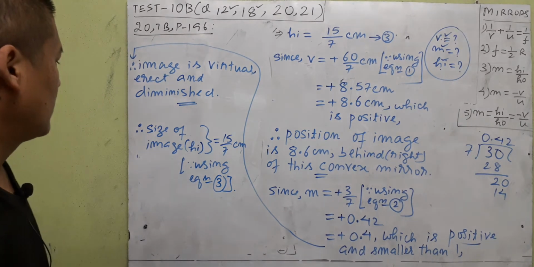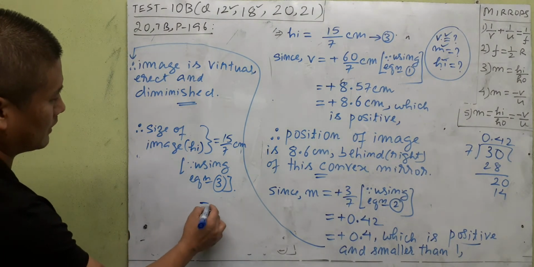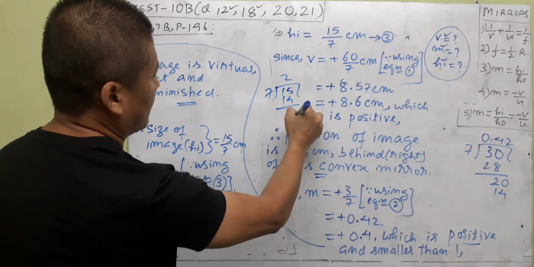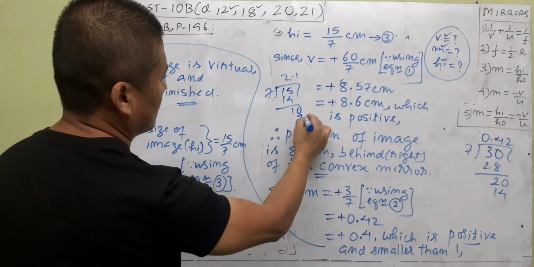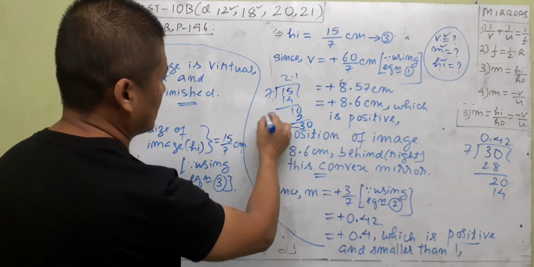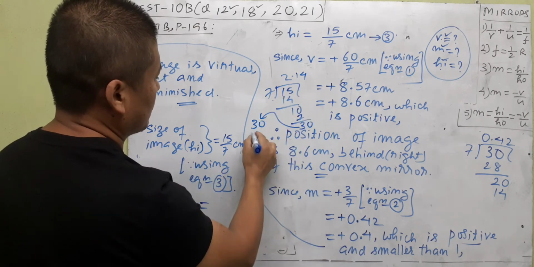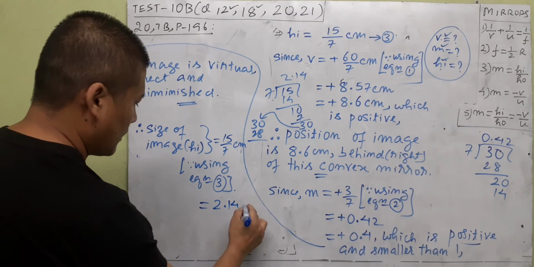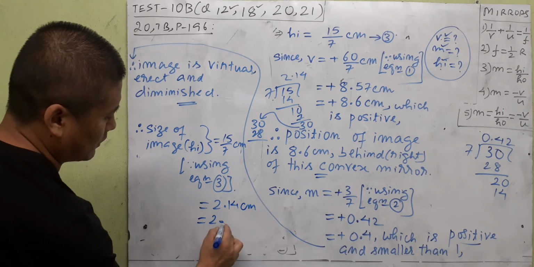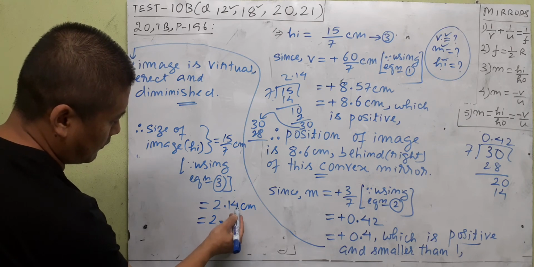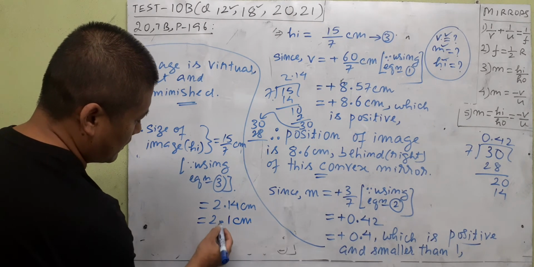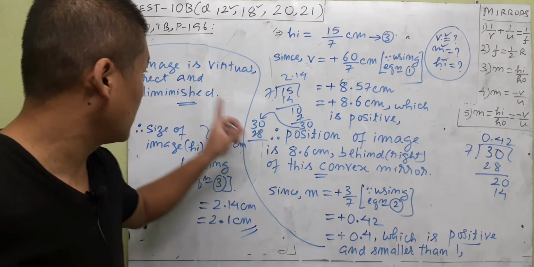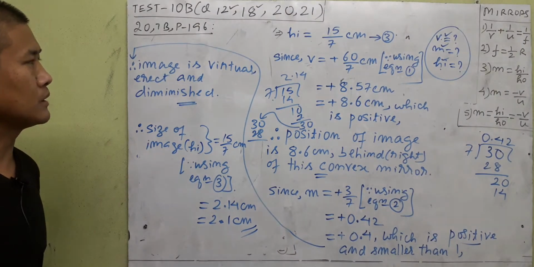Now you can just divide this. 15 divided by 7, 2 sevens are 14, 1 in hand, 0, 7 ones are 7, 3 in hand, 0, so this is 30, 7 fours are 28, we can stop there, 2.14 centimeter, which is simply 2.1, since the second place is less than 5, this will not change, 2.1 centimeter tall approximately. So this is the size. Position of image, nature, and size. So this question is completed.